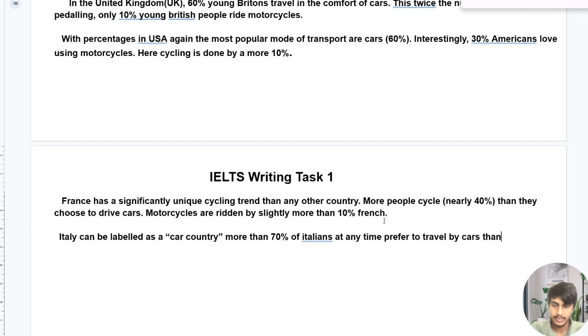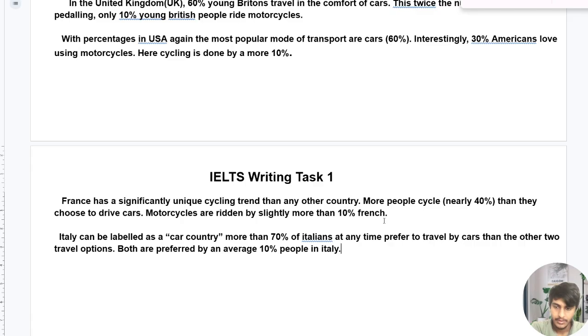Then the other two travel options, both are preferred by an average of 10% of people in Italy.